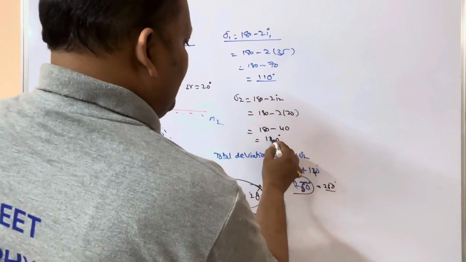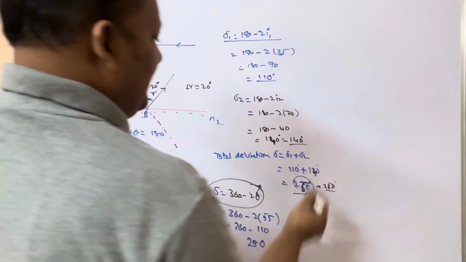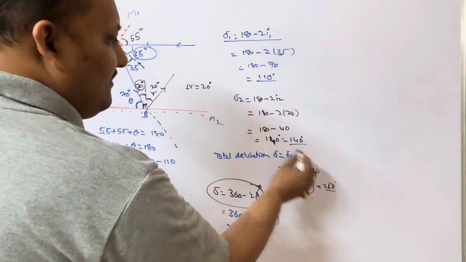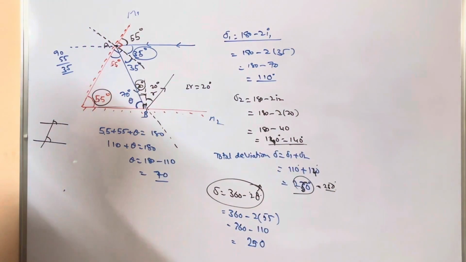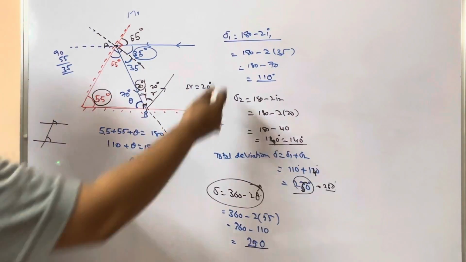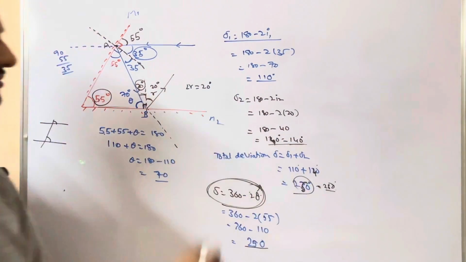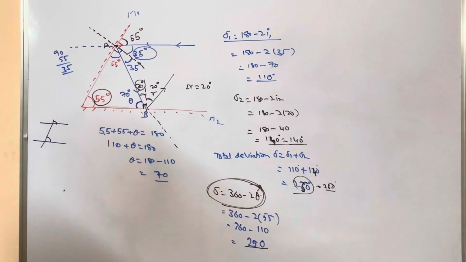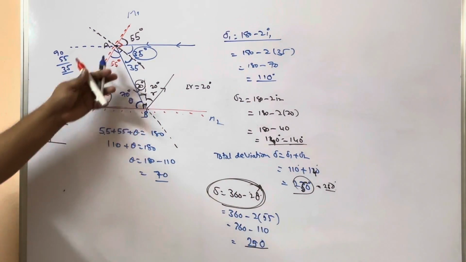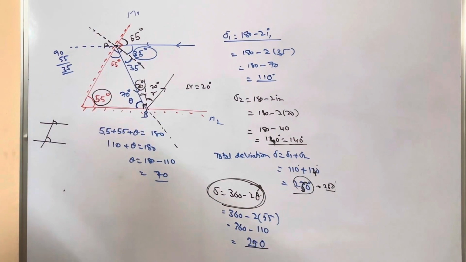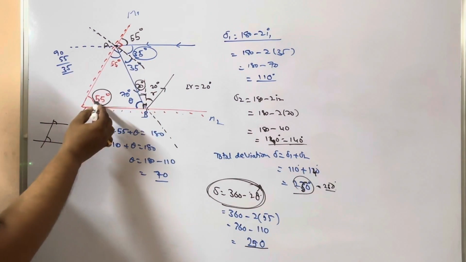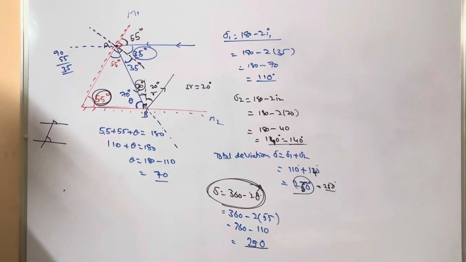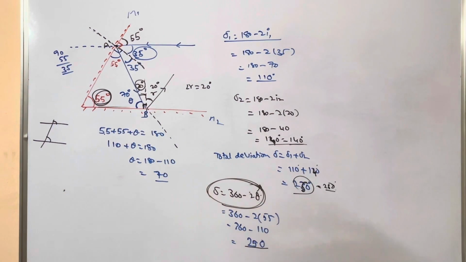Here I have cross-checked, 140 degrees. Maybe you may come to know whenever I am writing here only. So 140. Therefore the total is 250. Instead of doing it like this, you can do it directly by using this formula. So total deviation is 360 minus 2 theta. You can do it by changing this value of the angle, and see how much you are going to get.